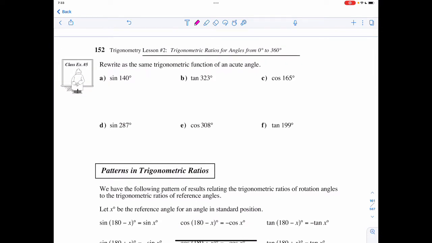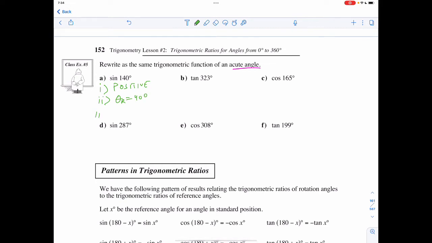So if I need to rewrite as the same trig function using an acute angle or the reference angle, then if I have sine of 140, in this quadrant, it's going to be positive. In quadrant 2, it's going to have a reference angle of 40 degrees.